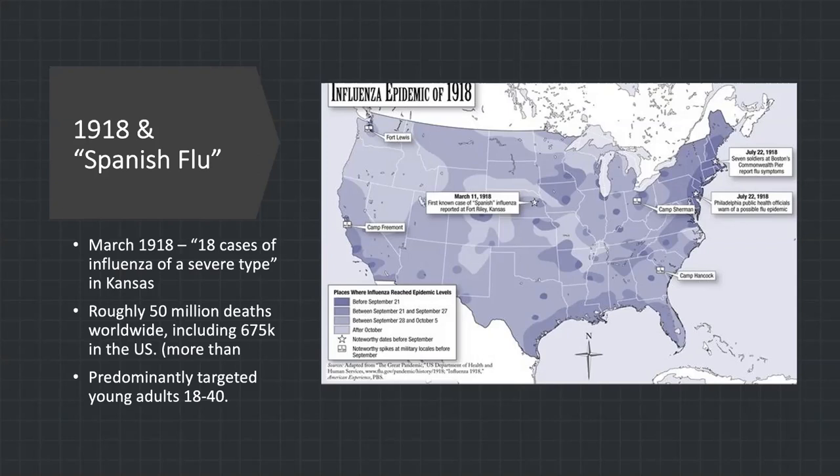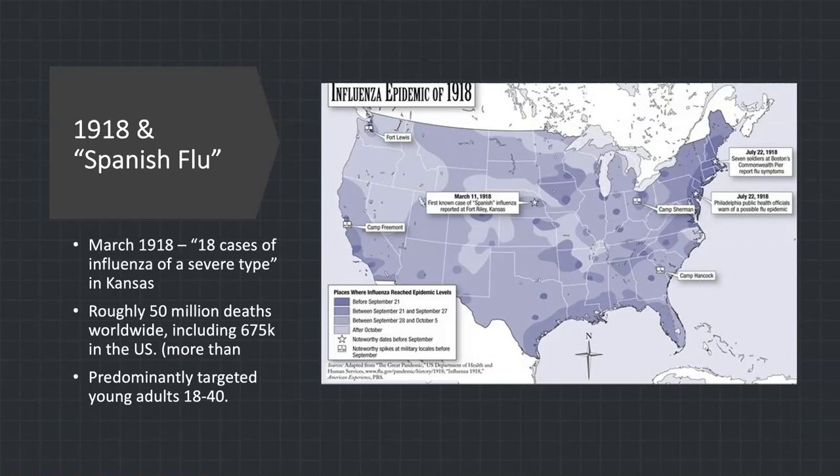In fact, the only nation that reported deaths accurately was Spain, which is why it's called the Spanish flu. And in fact, the Spanish government complained loudly about this, and they suffered quite a bit of backlash in the public because of this.